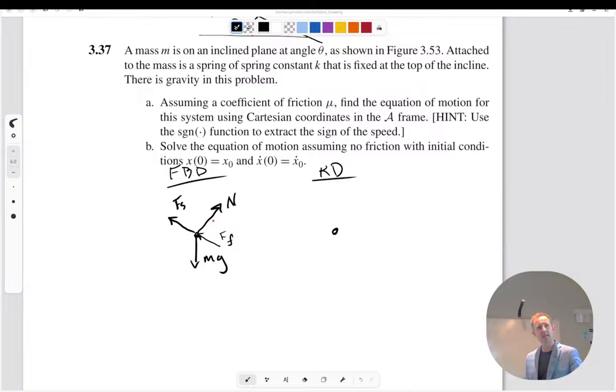But then some people were thinking about it more, erased it, and had no friction force, because they weren't sure where to go. So what do we think? For the spring force, is it okay to draw it up and to the left?